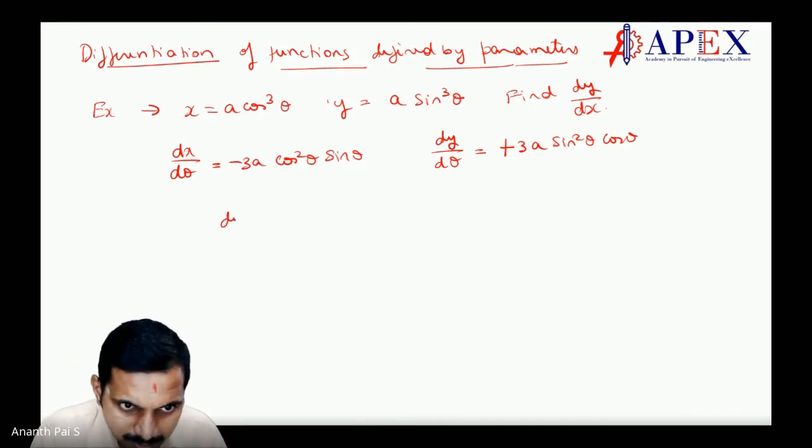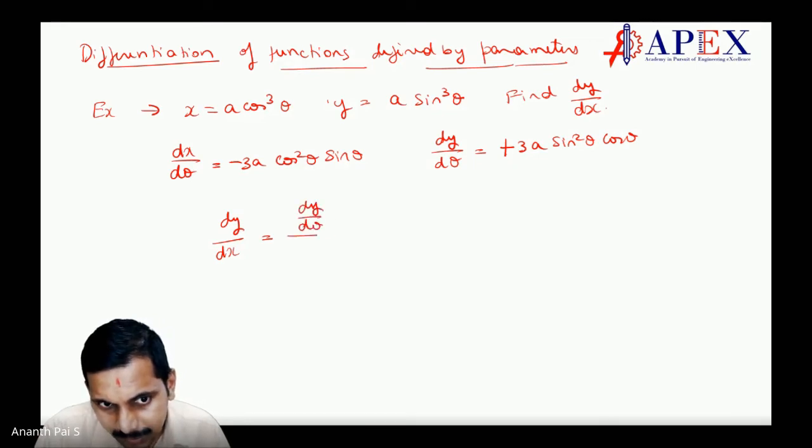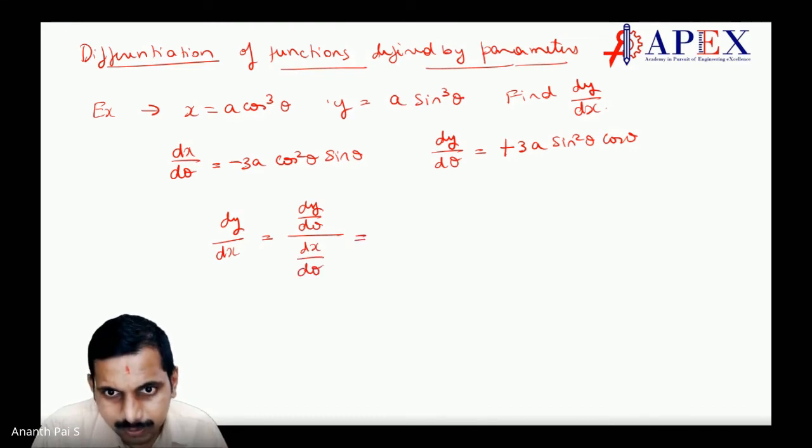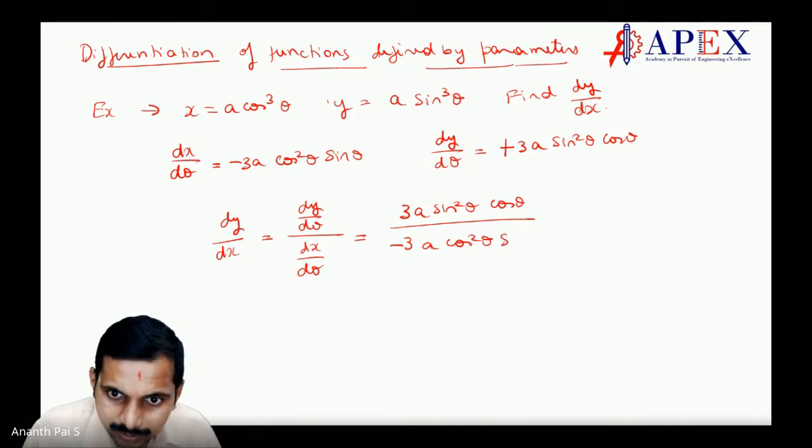So what is dy by dx? Dy by dx is equal to dy by d theta divided by dx by d theta. So this is equal to 3a sine square theta cos theta divided by minus 3a cos square theta into sine theta.